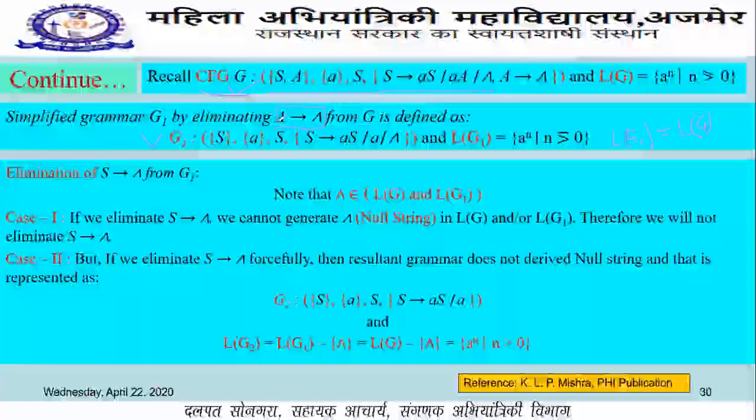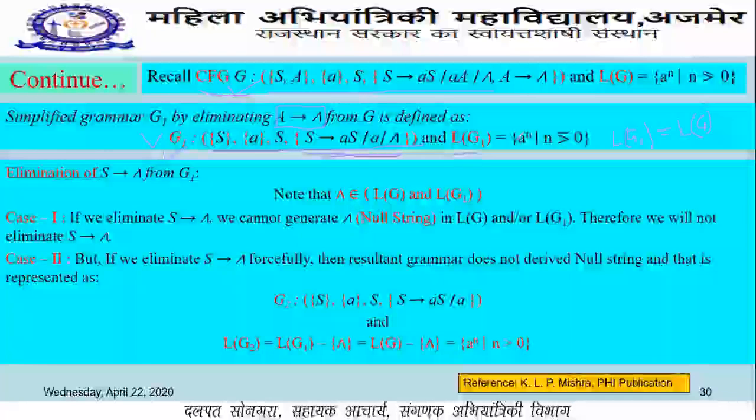The simplified grammar G1 is defined like this, where we have no A tends to null production, and the simplified set of productions are these. Note that the language of G1 and the language of G are equal, because both derive the n occurrence of A, where n is greater than or equal to 0.